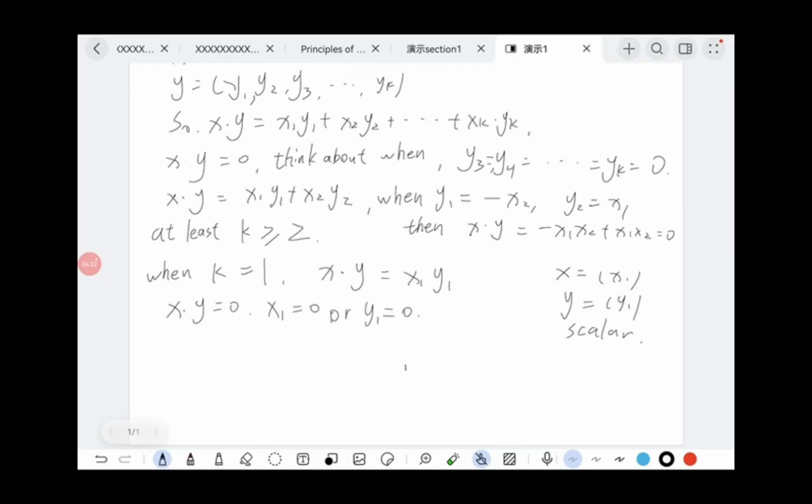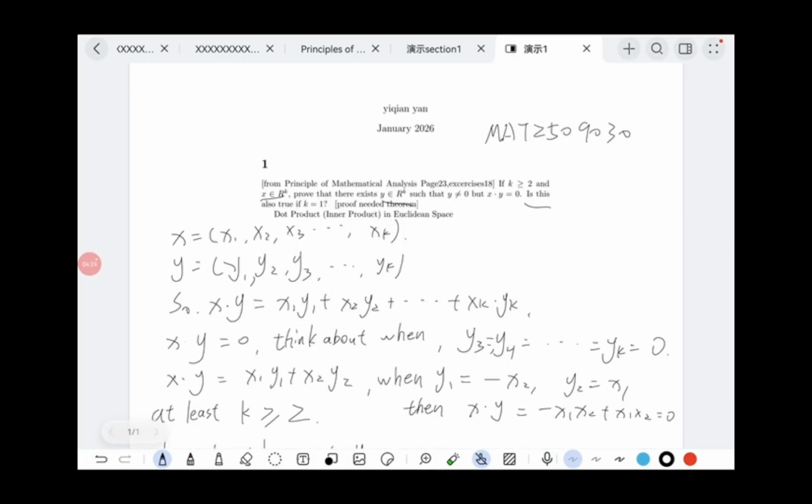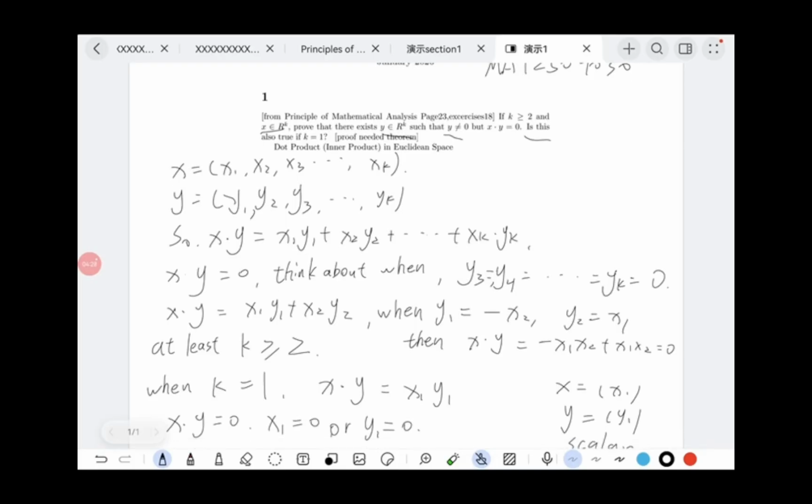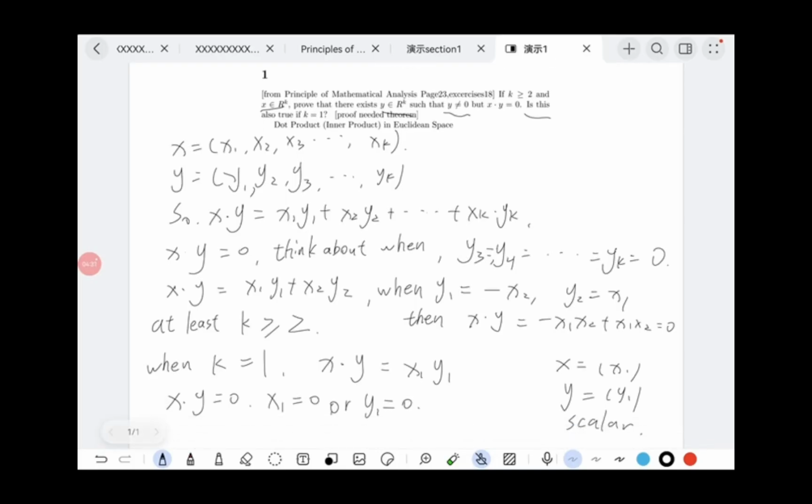But the question says y does not equal 0.